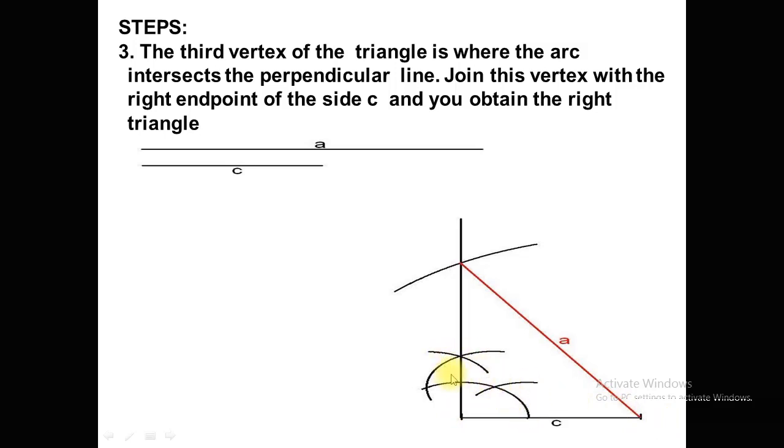When we construct the 90 degree angle, you obtain a perpendicular line for this side. Now open the compass about the length of the hypotenuse and put the compass at this point. Draw this arc. This arc joins this perpendicular side at this point. Then join this point to the other end of side C, and this is the required right triangle.